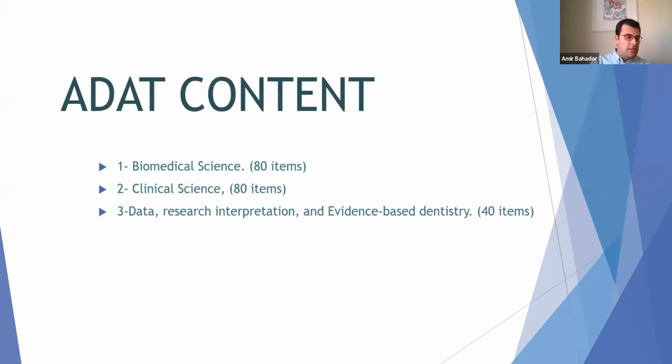First of all, we will talk about the ADAT content. As you can see here, the ADAT is composed of 200 questions, divided into 3 categories. The first category is biomedical science, which consists of 80 items. The second part is clinical science with 80 questions, and the last part is data research interpretation and evidence-based dentistry, which consists of just 40 items.